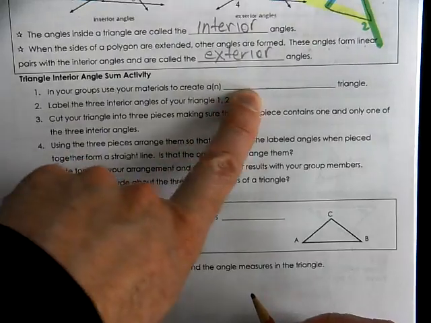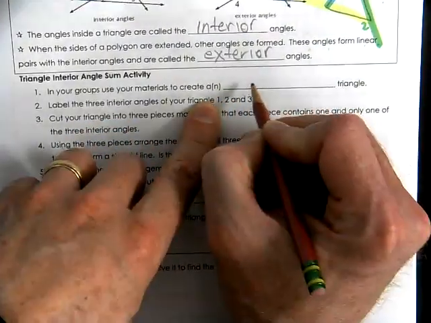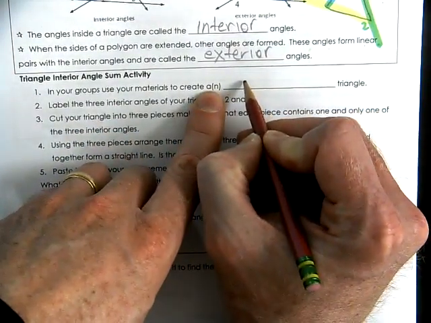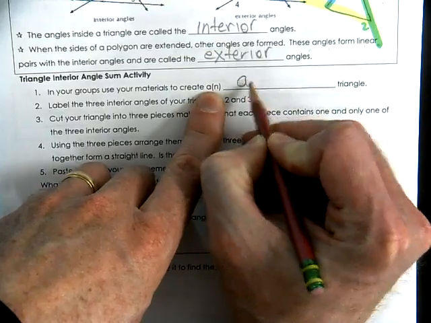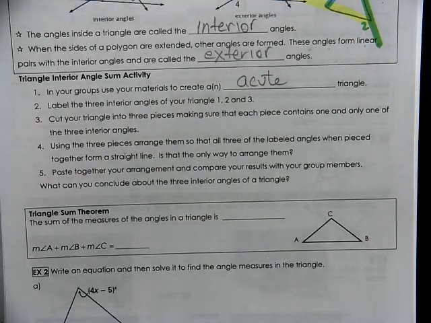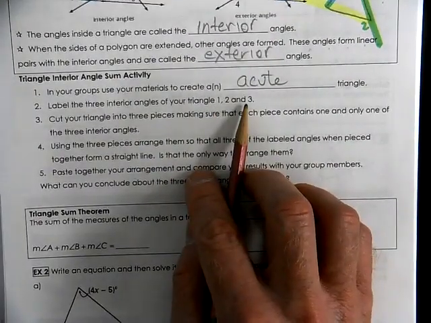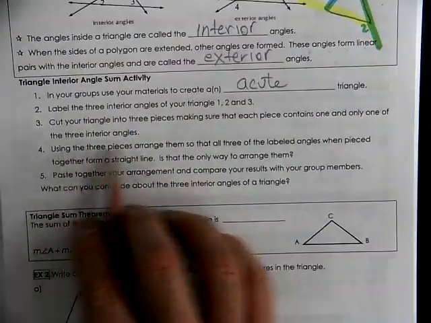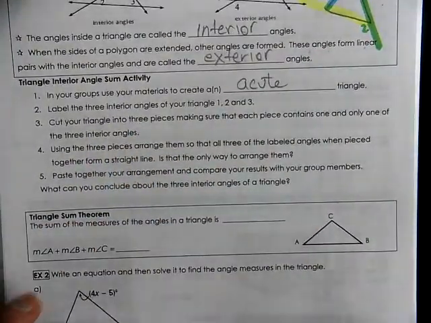You could create really any triangle you want. I made an obtuse triangle. You could make an acute triangle. Somebody else could make a right triangle. It wouldn't matter. Make any triangle you wanted to. And we looked at the 3 different angles. We cut them off. We arranged them.